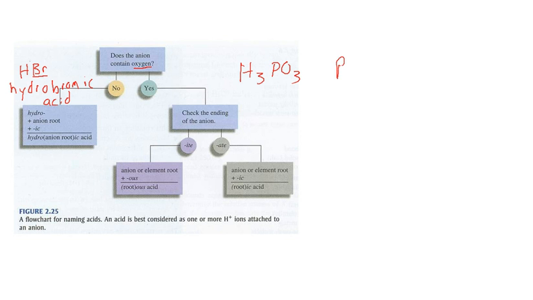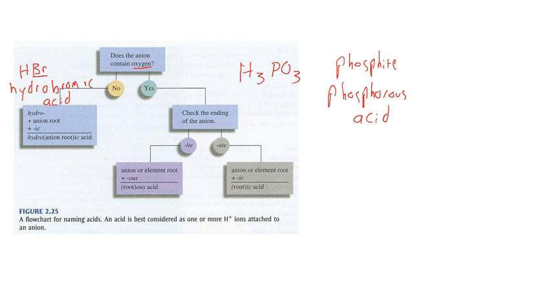PO3 is phosphite. And if there's an ite at the end, we change the ending to ous. So with phosphorus, this becomes phosphorous acid.